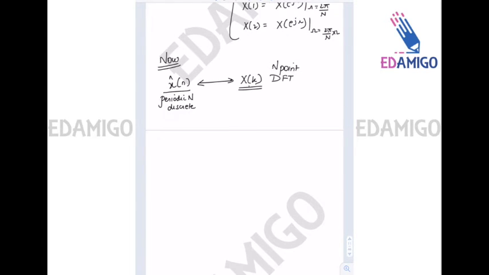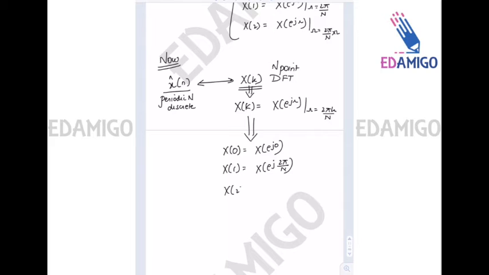Now if you look at X[k], since it's a sampled version of the DTFT, which was periodic with period 2π, and we have defined X[k] equals X(e^{jσ}), σ equals 2πk by N. If you put k equal to 0 here, you will get X[0] equal to X(e^{j0}), X[1] equals X(e^{j2π/N}), X[2] equals X(e^{j4π/N}).